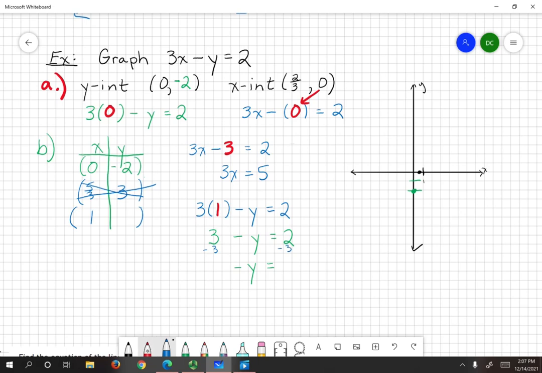That gives me negative y equals negative 1. And this really is understood to be a negative 1y. So I'm going to divide both sides by negative 1. And a negative 1 divided by a negative 1 is positive 1. So the answer is 1, 1.